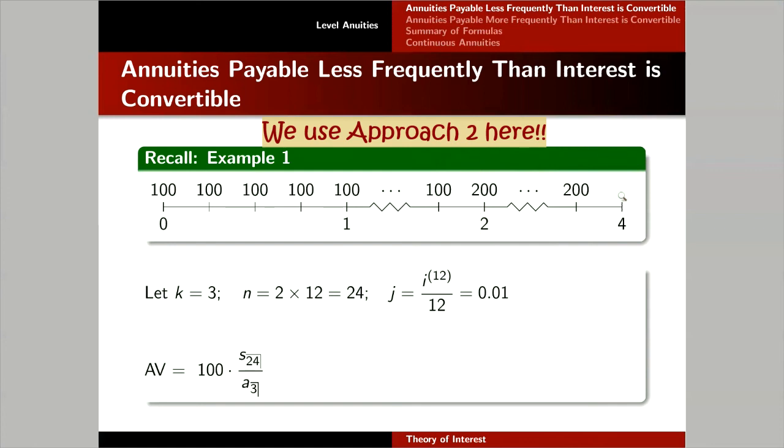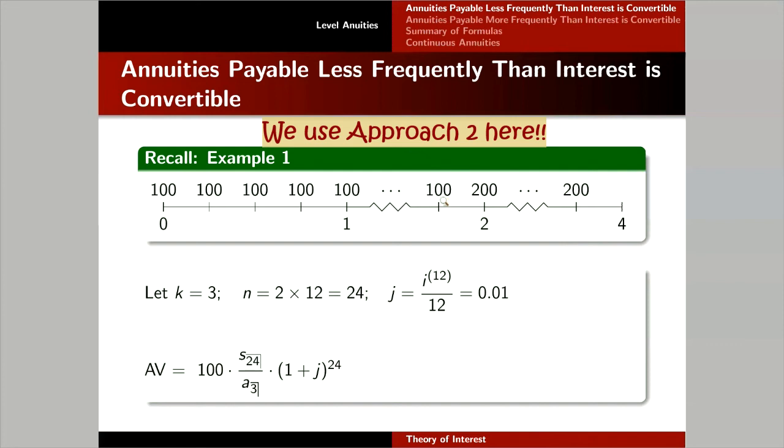So we need to carry it to time 4. What are you going to multiply? You're going to multiply it by 1 plus J raised to what? How many months will it pass through before reaching this point? 24. So that's the value of the first set of annuity.